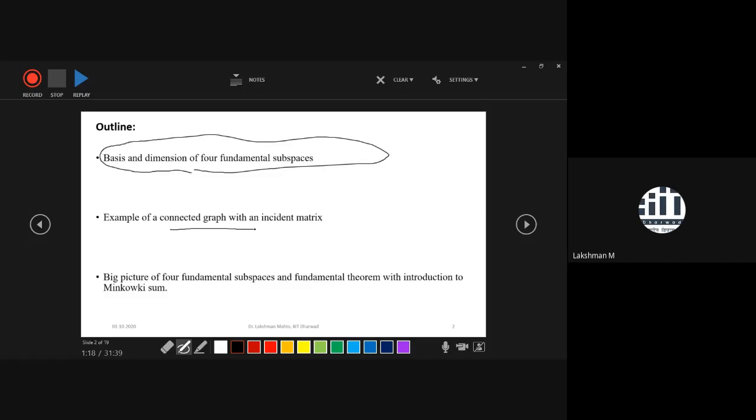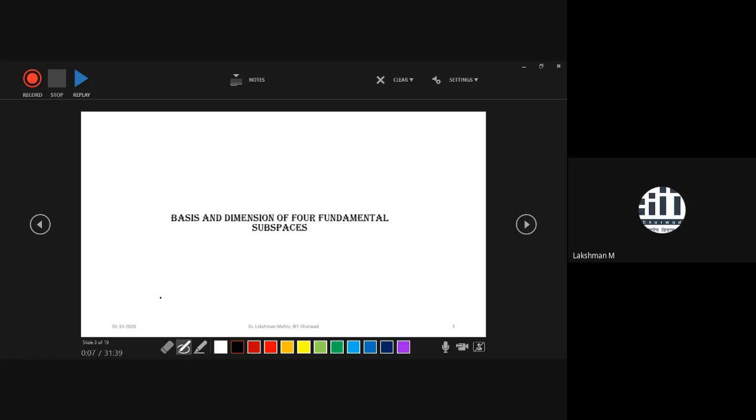A loop is related to the null space, and a tree is related to independent basis elements. Those kinds of applications I will cover in example 2. In the last part of this tutorial, I will give a big picture of the fundamental subspaces and the fundamental theorem, along with an introduction to Minkowski's sum, in order to get maximum application of these spaces.